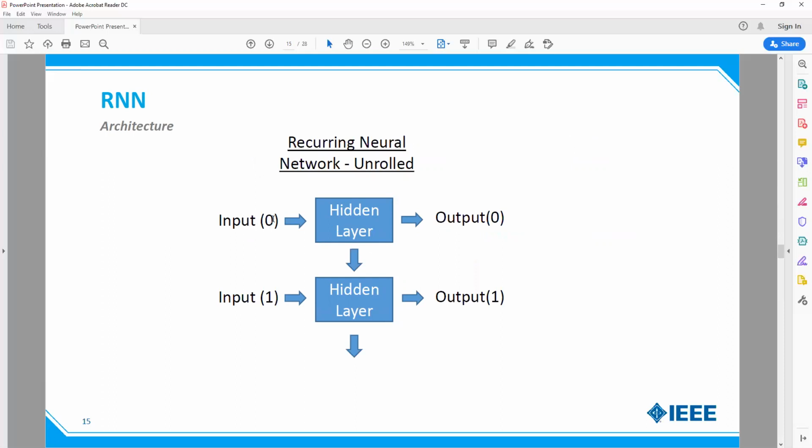So if we put in the first input and generate some output, and we take the second input and maintain the state from the prior instance and generate the next output, we can actually traverse through the gradients much more easily by unrolling it. And we'll see that through an example later on.